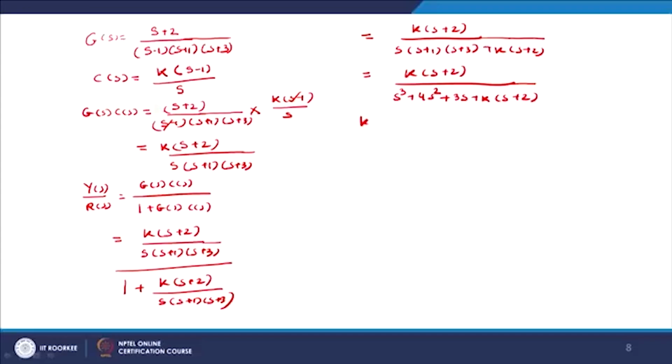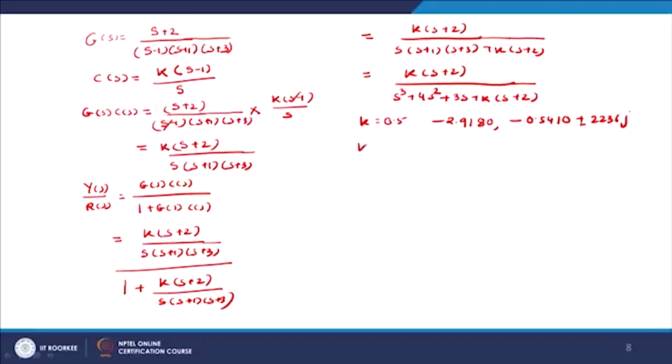Now in this case what we will do is take different values of K. First of all, we will take K equal to 0.5. So you will get the roots as minus 2.9180, and the other roots are minus 0.410 plus minus 0.2236j.